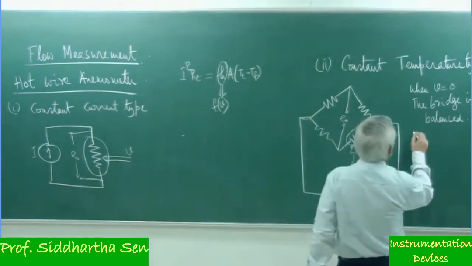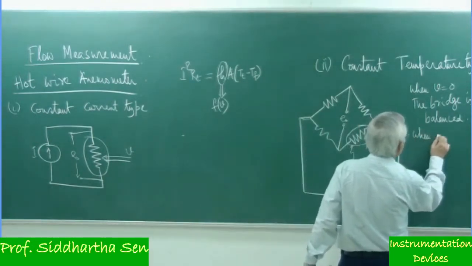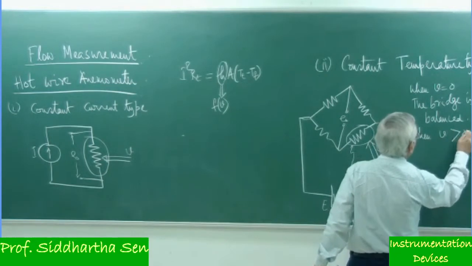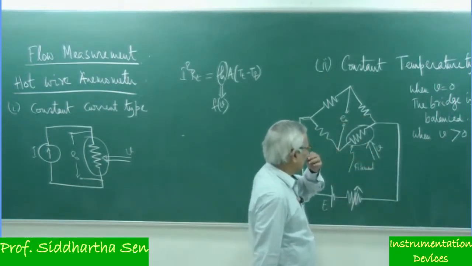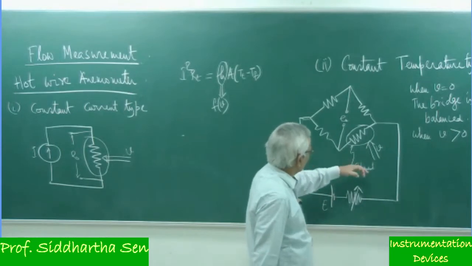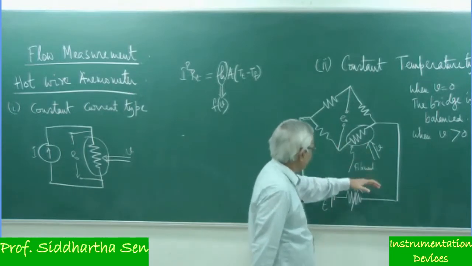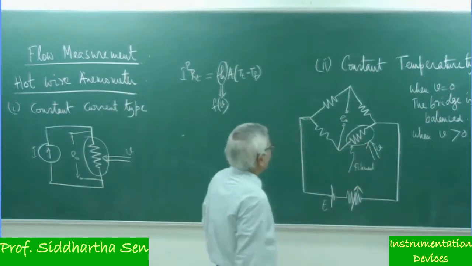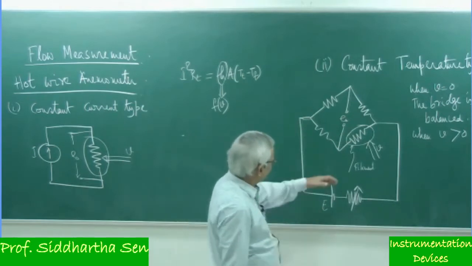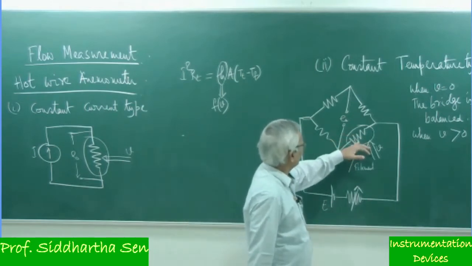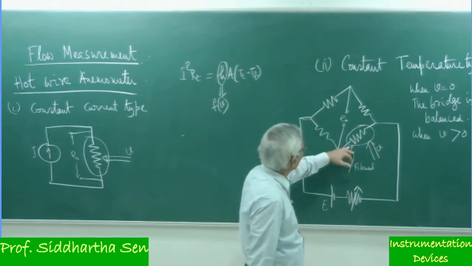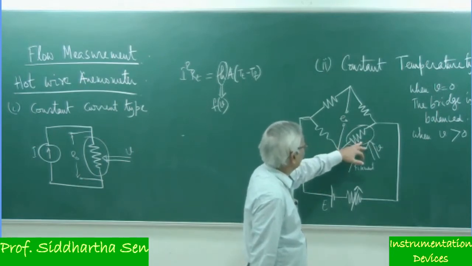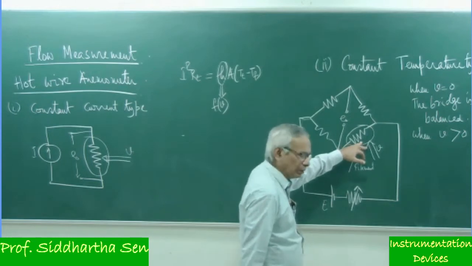Now when V is greater than 0, that means the velocity is more than 0, there is a fluid flow there. If the fluid flow is there, that will cause more cooling, and as a result the temperature of this one will go down.